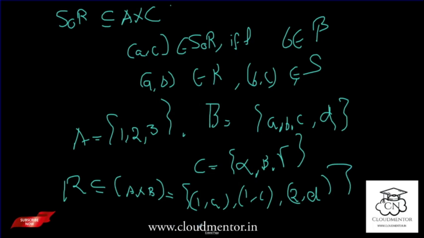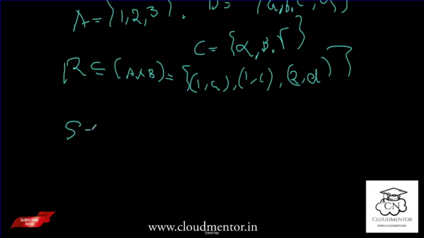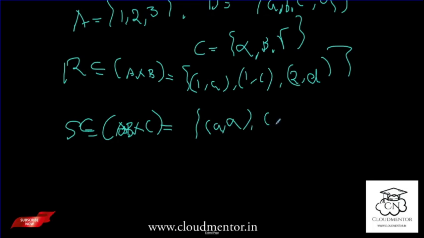And S, a subset of, sorry, B cross C, is the set {(a, alpha), (c, beta), (d, gamma), (d, beta)}.